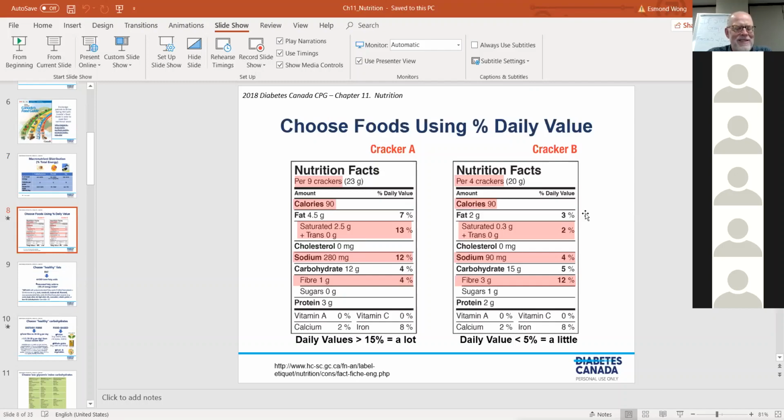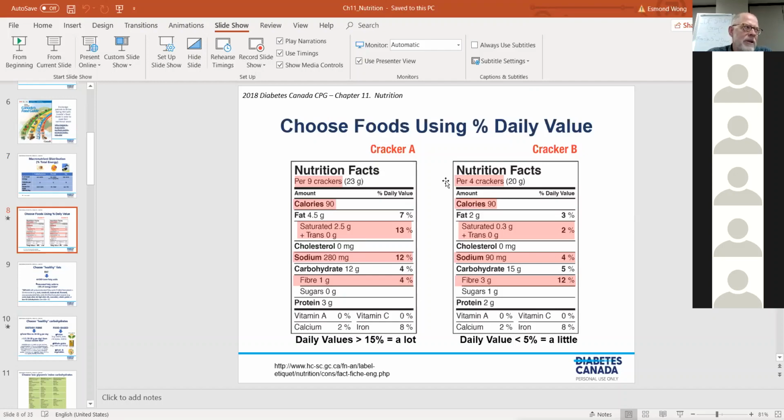So the question is, with the food labels that we're looking at within the slides, cracker A is per 9 crackers, which weigh 23 grams. Now, don't consider that 23 grams at the top. That is telling you how much those 9 crackers weigh.